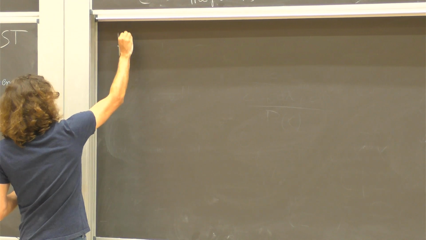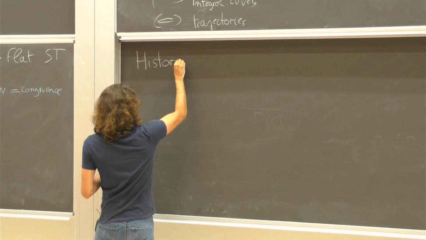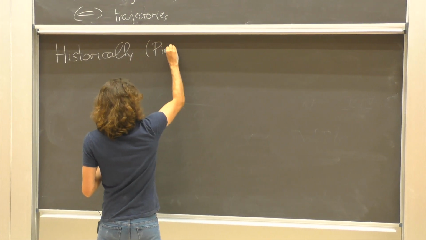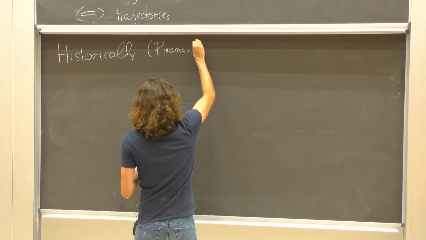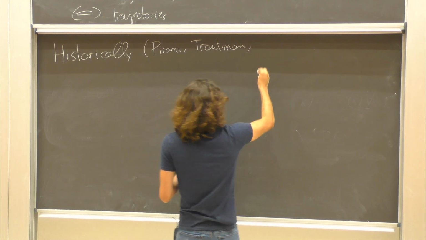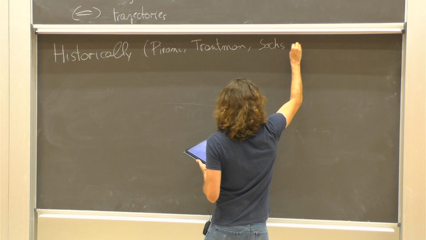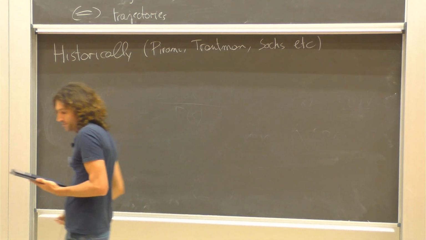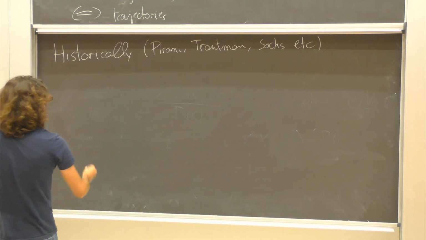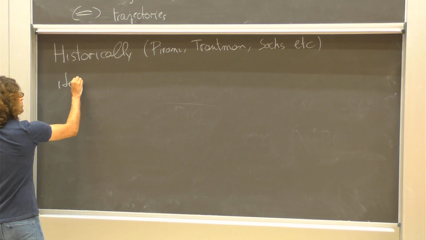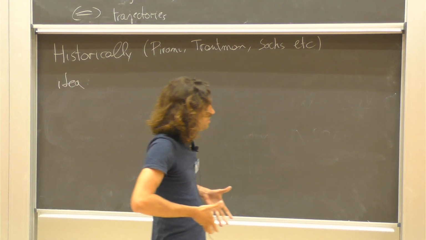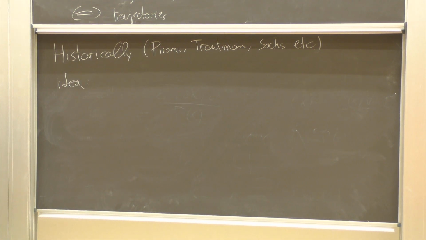So the idea was that historically, you have people like Pirani, and I'm going to forget names, but also Trautman was important, Sachs, etc. They had this idea to characterize the presence of gravitational radiation: you take a null congruence of geodesics. You follow this null geodesic congruence for an infinite amount of time, so you're going to infinity.